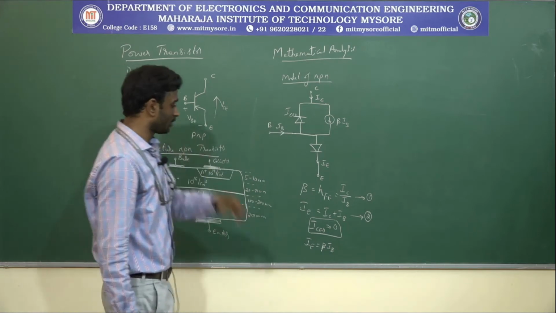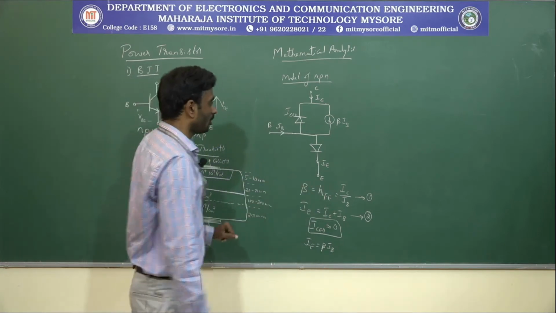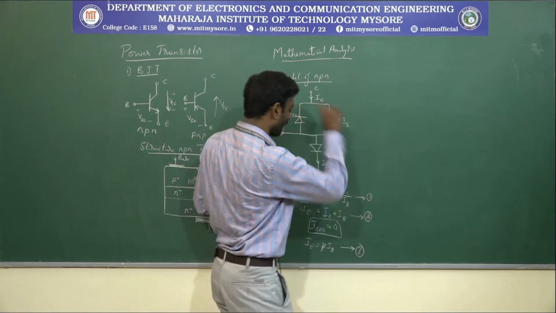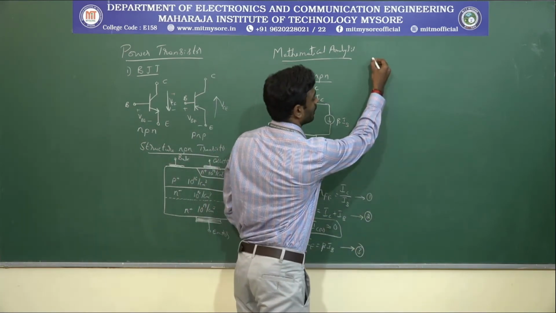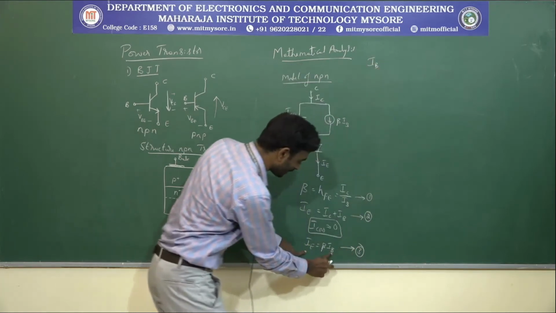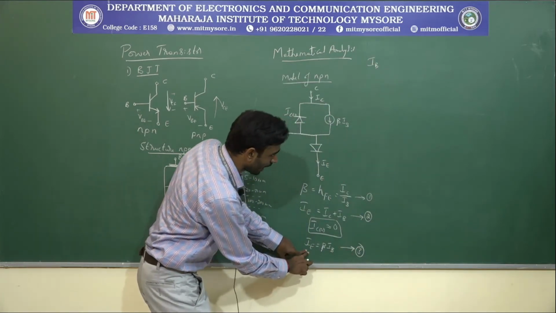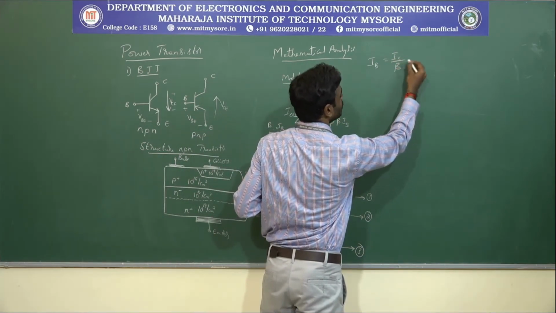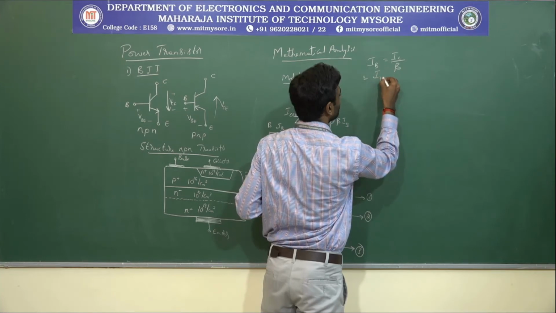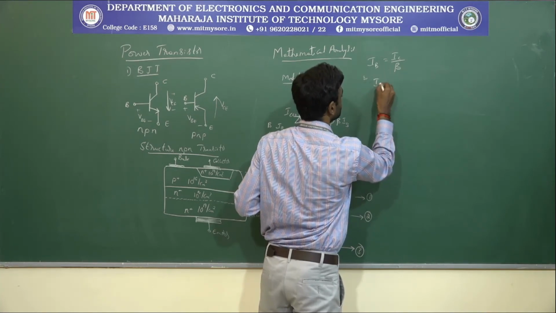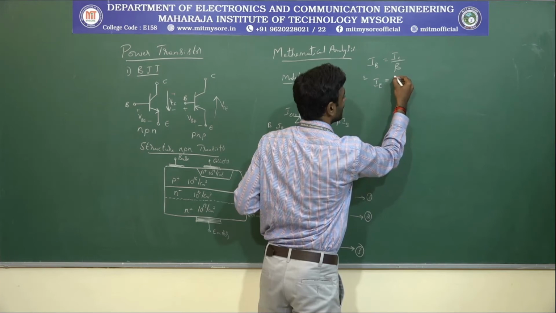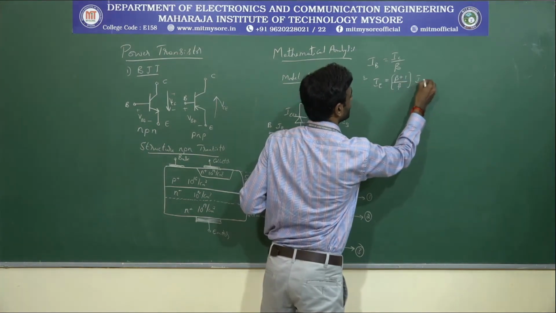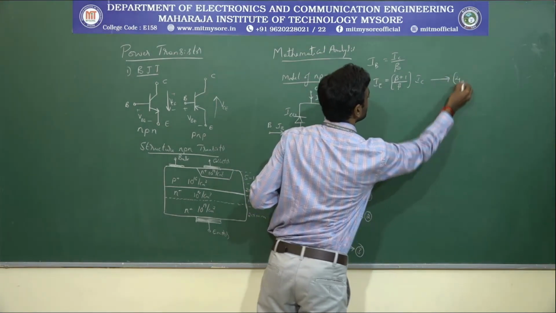I will consider this as equation 3. Based on equation 3, I can write the base current as IC divided by beta, and also the emitter current IE equals (beta plus 1) divided by beta times the collector current. I will consider this as equation 4.